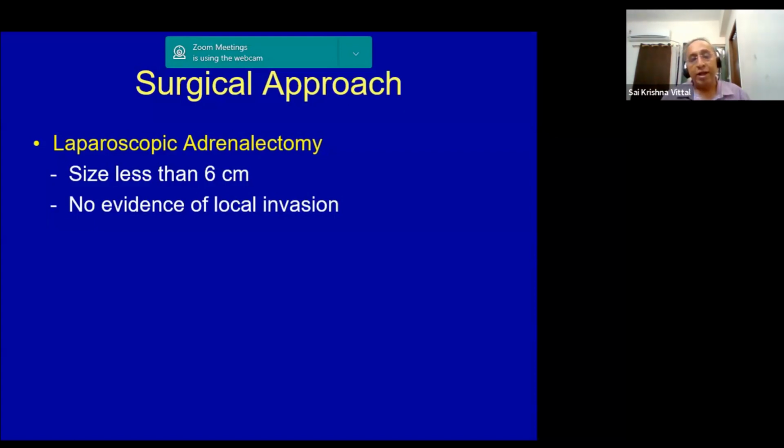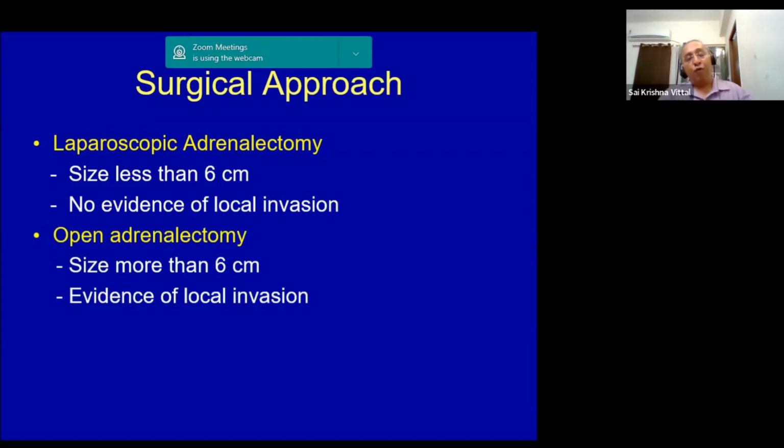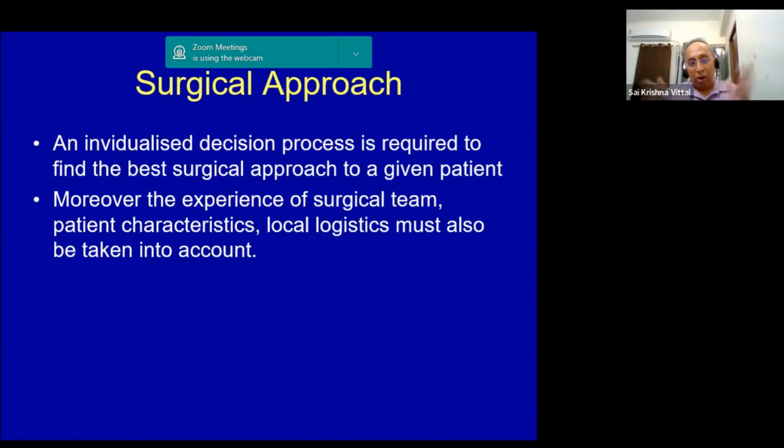So size less than 6 centimeter, and obviously you have to make sure that there is no evidence of local invasion. You will offer open adrenalectomy if the size is more than 6 centimeter and there is evidence of local invasion. Having said that, as I mentioned earlier, an individualized decision process is required to find the best surgical approach for a given patient.